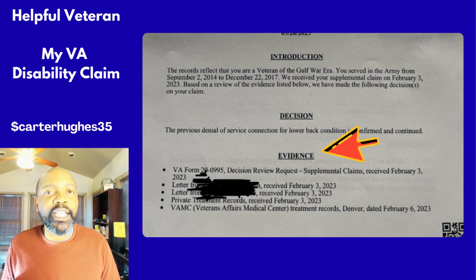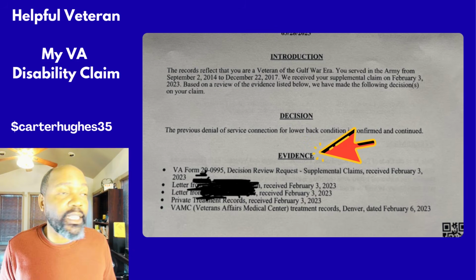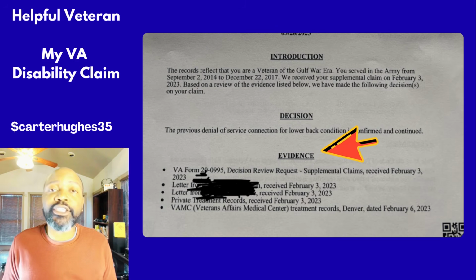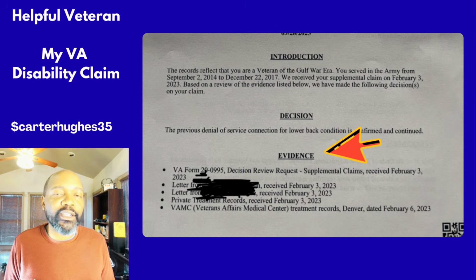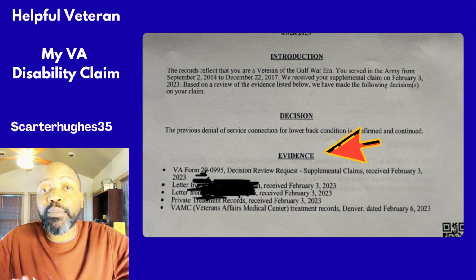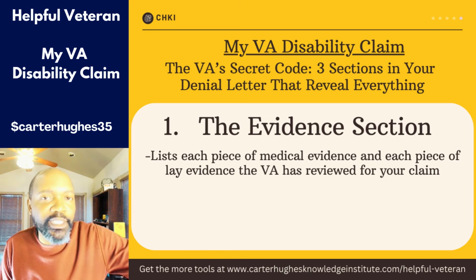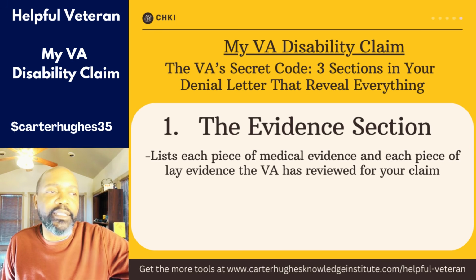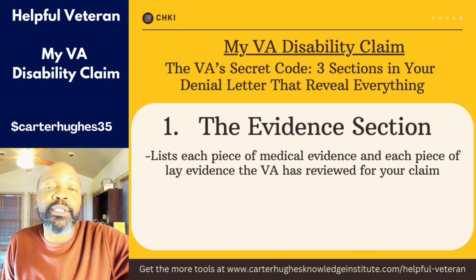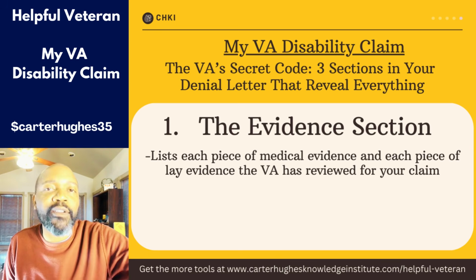So you want to double check this and make sure they looked at all the statements you sent. Make sure they looked at the records that you sent, or the records that you're supposed to have in your file. If you see a discrepancy here, this is where the grounds for the CUE claim can start, that clear and unmistakable error.